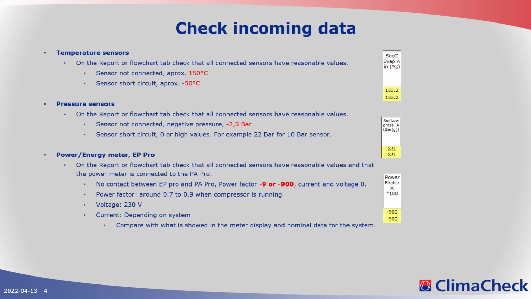But make sure that your power factor is consistent over all three phases and that it makes sense. Always check your max operating currents on the nameplate of the compressor. Make sure that it makes sense with what you're reading, so you haven't got the wrong CT programmed or something. It's very frustrating to come back home with a measurement that is totally inconsistent on the power. So make sure you have it right from the beginning.